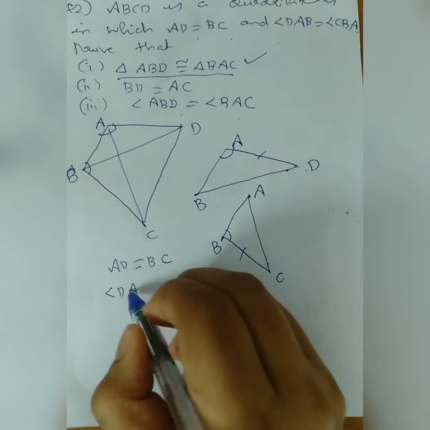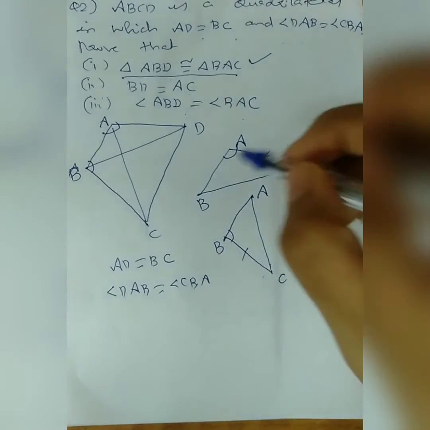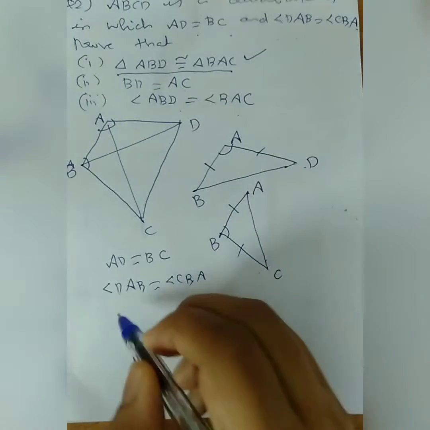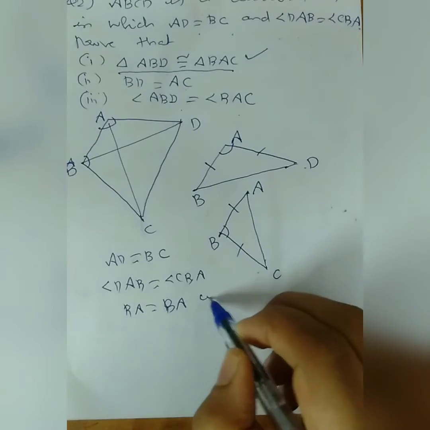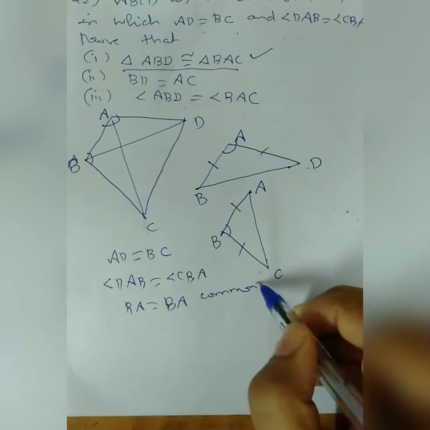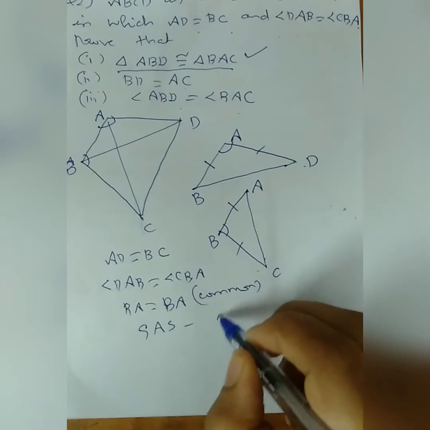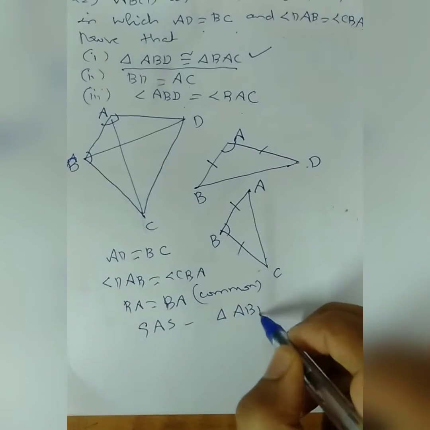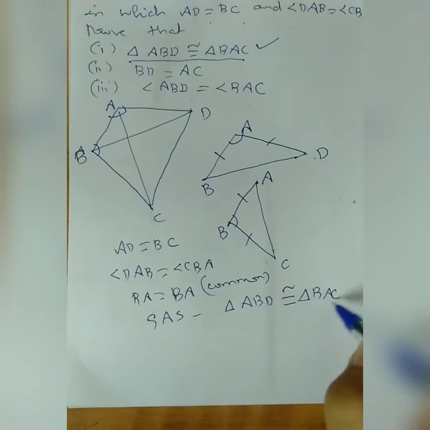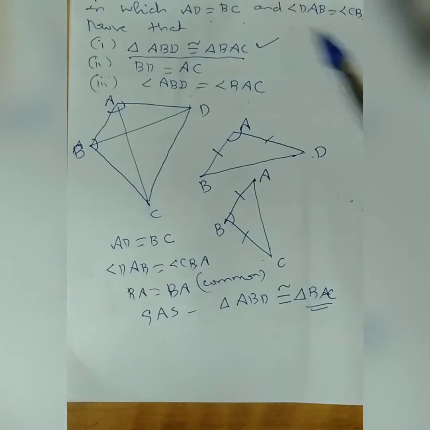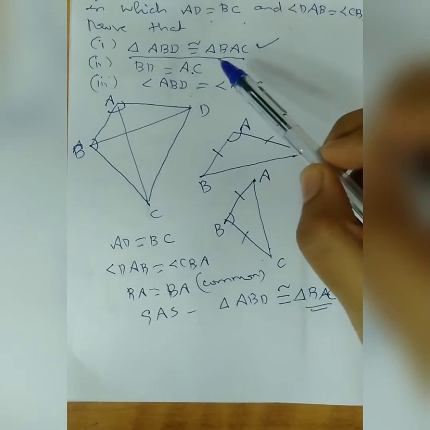These two angles are equal. Then here BA is equal to BA. It is the common side. Then by SAS rule we can say that triangle ABD is congruent to triangle BAC.